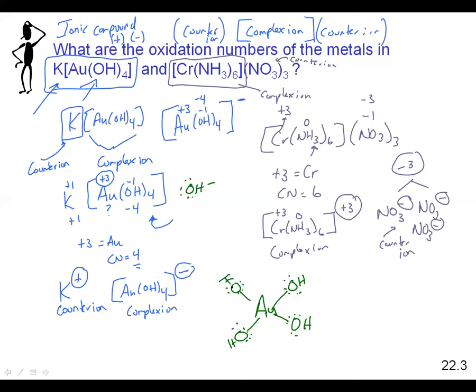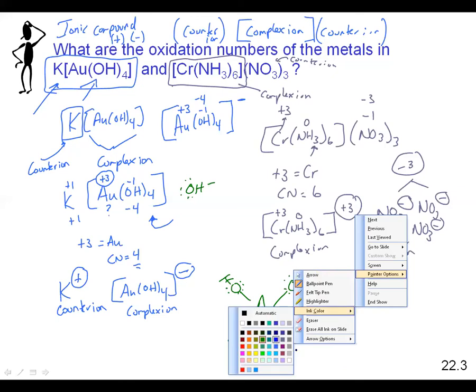Okay. Now, the definition of coordination number is how many atoms are directly attached basically to the metal.